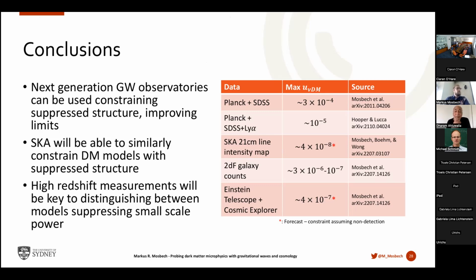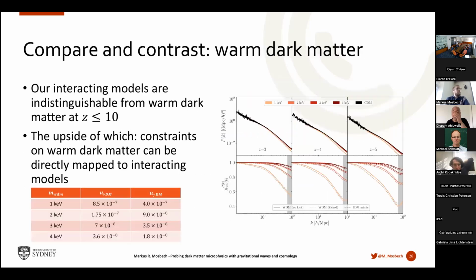You had a table where you map it onto the photon dark matter interaction case. And I guess this is basically just comparing the models where you have the same cutoff at roughly the same scale, right? For the photon dark matter interactions, the models which lead to suppression of that scale are still allowed, because you can observe that presumably by observing the photons, like the CMB or something.